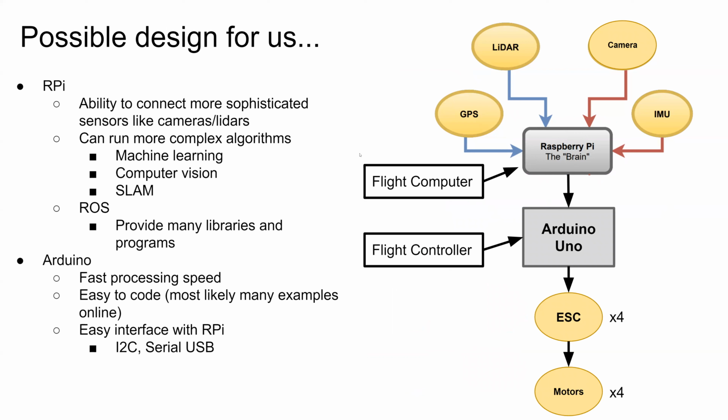So I was thinking of a possible design for us that we could try to use. Working with the Raspberry Pi, it was pretty simple and straightforward, even having no experience doing it.